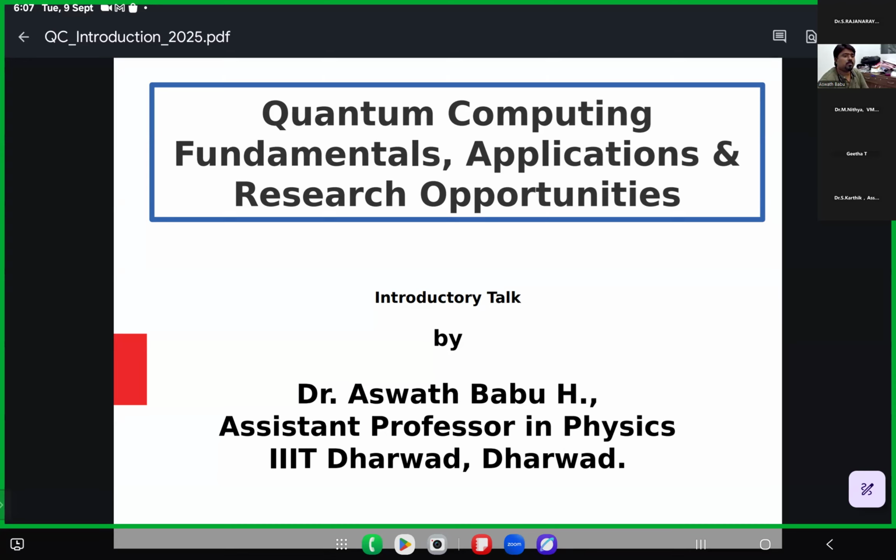Some basic quantum physics was introduced in the first session. Introduction to quantum computing was given in the second session. I will try to connect both of them, and I will show you where we are at with regards to quantum computing right now.